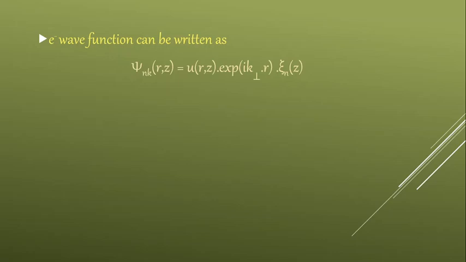One is the Bloch function, which is represented as u of r comma z, next is a z dependent factor, that is zn of z, and the third one is the plane wave factor representing free motion of the electron in the xy plane.